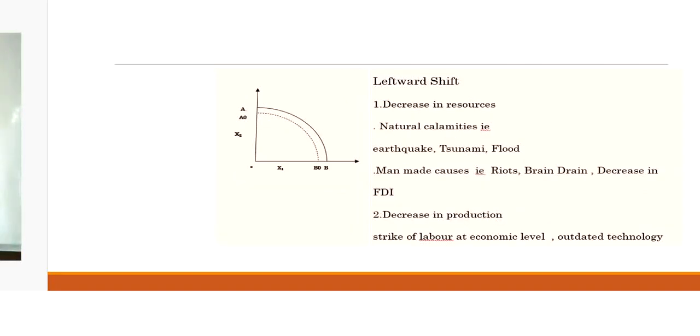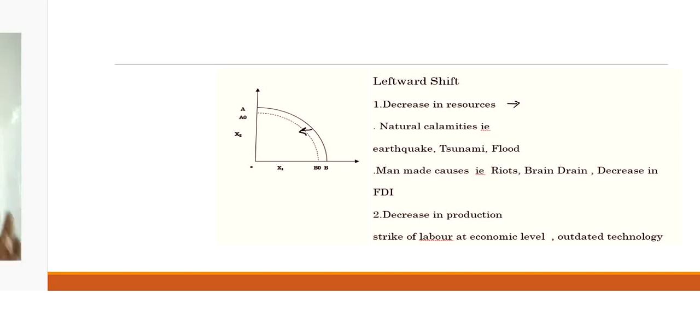Now the next is leftward shift. When your PPC shifts leftward, in what circumstances will it shift leftward? Number one, decrease in resources. If your resources decrease, for example, due to natural calamities like earthquake, tsunami, flood, the resources will decrease. People will die, buildings will be destroyed, so resources will decrease in those circumstances.